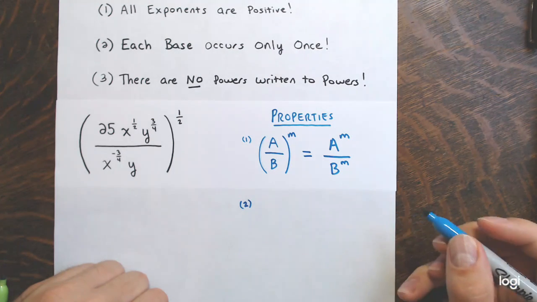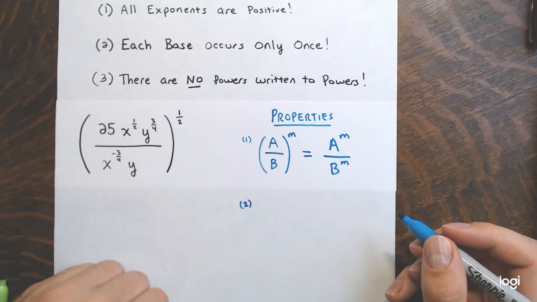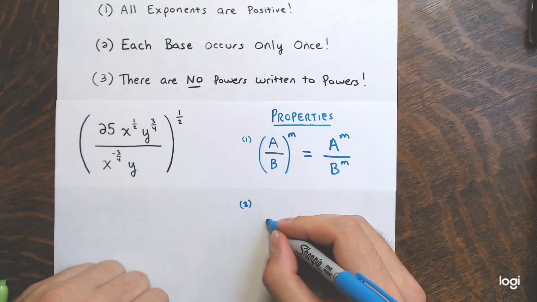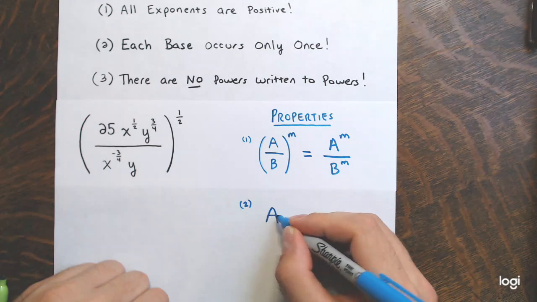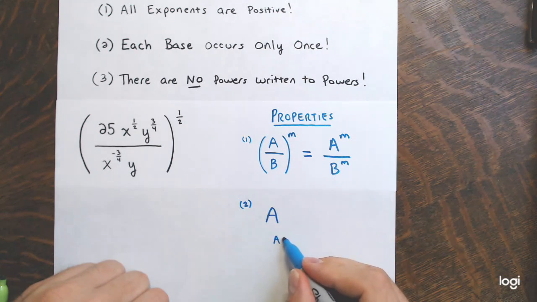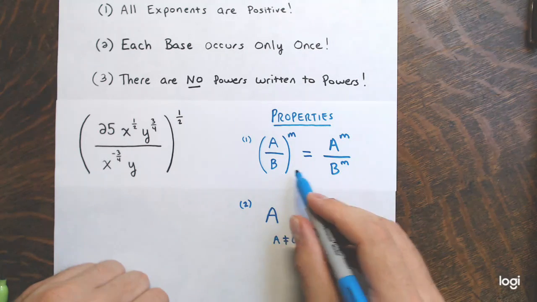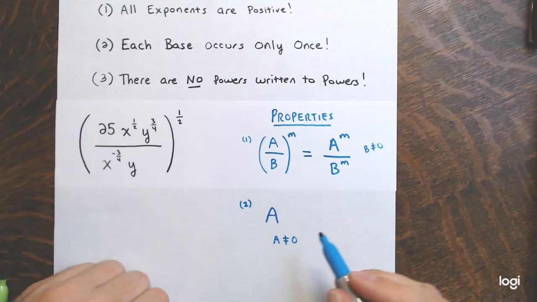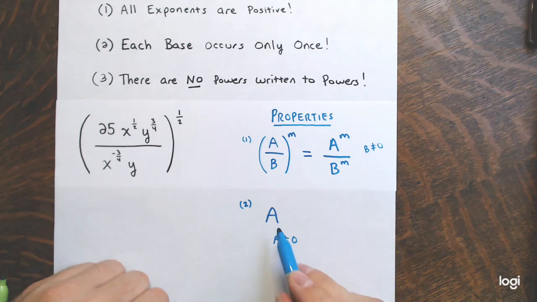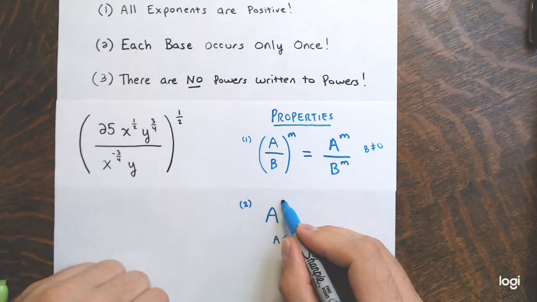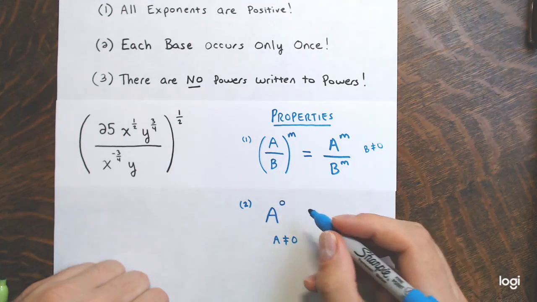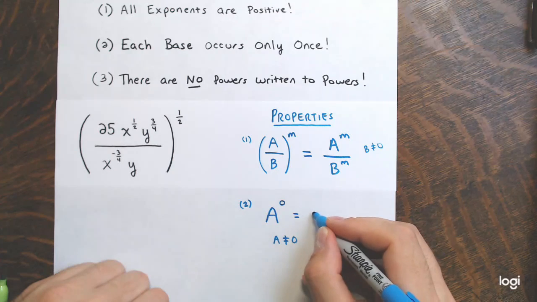And the only other one I haven't shown you that might come up, I haven't really seen that in any of my examples yet, but if you take any number that's non-zero, and I guess back up here, b shouldn't be 0 because you can't have 0 in the denominator. But if you take any non-zero number and raise it to the 0 power, you're going to get the number 1.